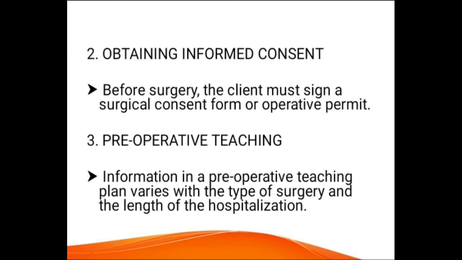If an adult client is confused or unconscious, a family member or guardian must sign the consent form. If the client is younger than 18 years of age, a parent or legal guardian must sign. In an emergency, the surgeon may have to operate without consent. Healthcare personnel, however, make every effort to obtain consent by telephone or fax.